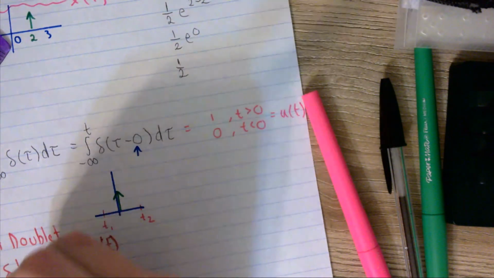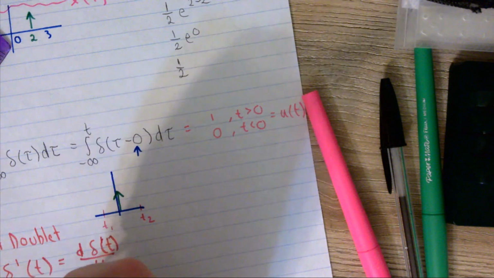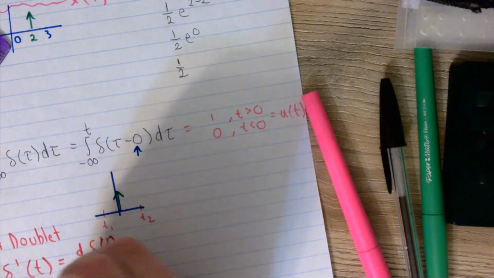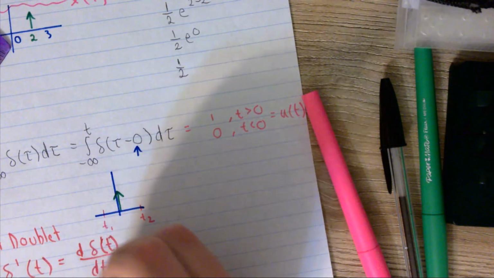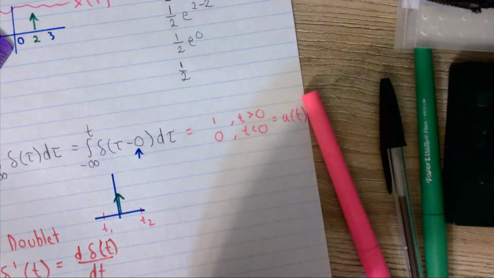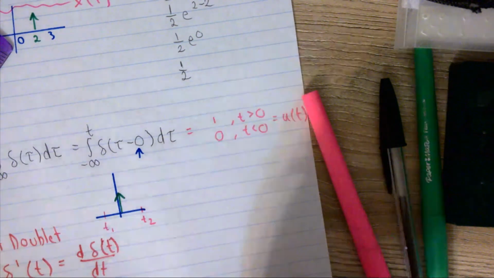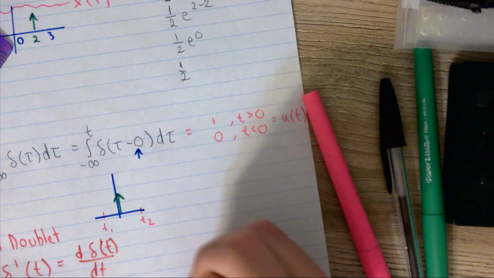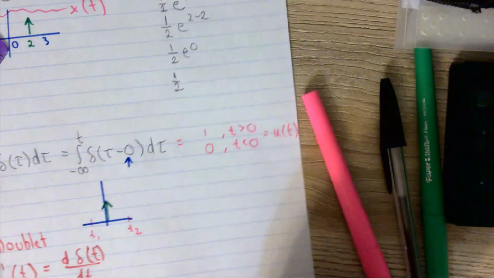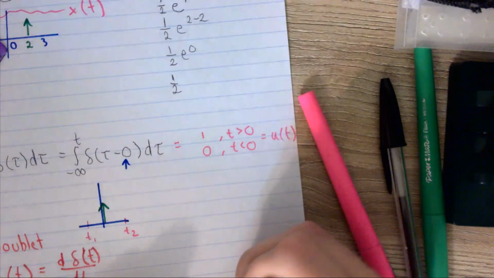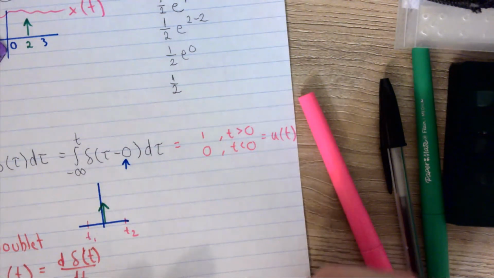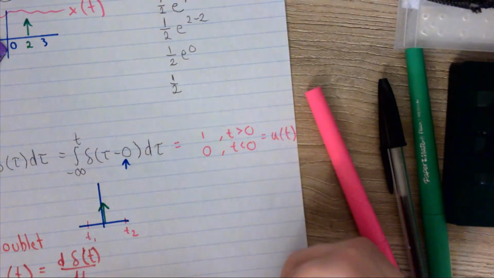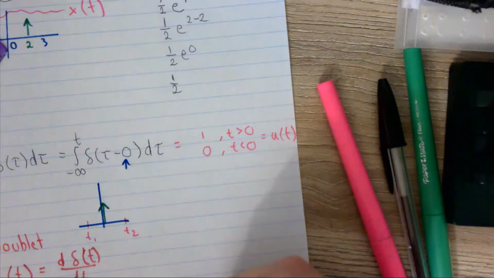For x of t, just have this written down on your formula sheet just in case it ever popped up. But it involves the unit doublet function, and it's equal to negative x, the derivative at time t. And this is if that delta function is between the bounds and that derivative exists.